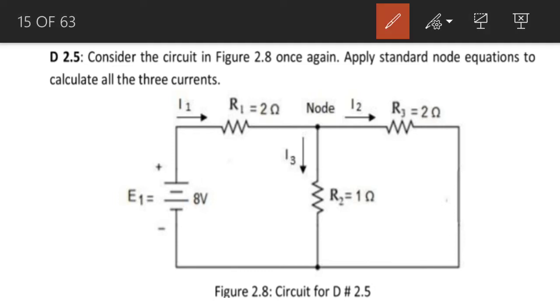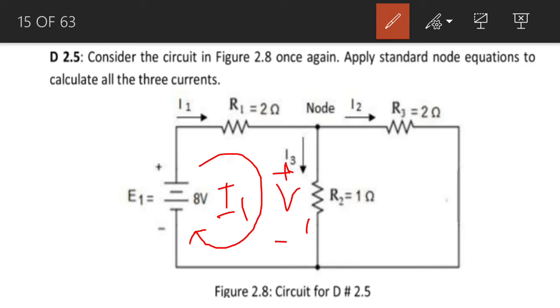You see, the voltage across this resistor is V1, and this voltage has already been calculated. So we consider loop number 1, and we assume that the current I1 is in the clockwise direction in this loop.